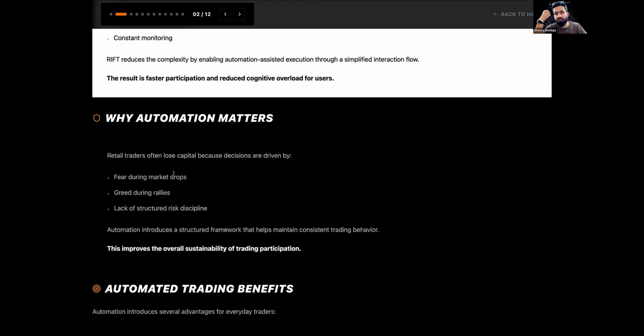It removes the challenges faced by retail traders, like fear during market drops, greed during rallies, and the lack of structured risk discipline. So automation introduces a structured framework that helps maintain consistent trading behavior with our automated trading engine. This improves the overall sustainability of trading participation.